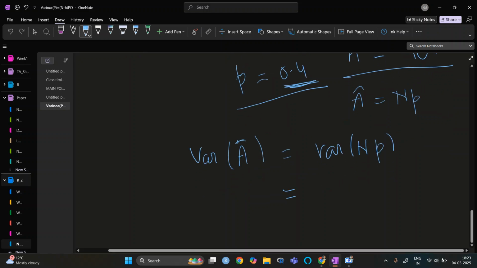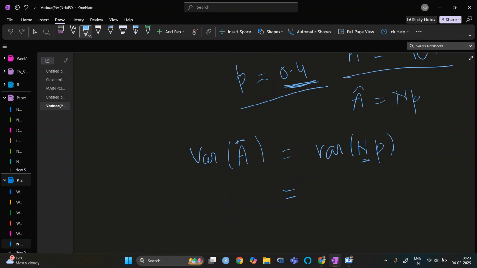Now n is not varying because n is the population size, but this p is the mean of the sample. So the sample mean will change because we will take samples again and again, so n is constant.